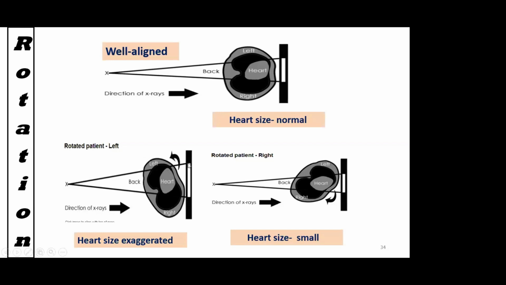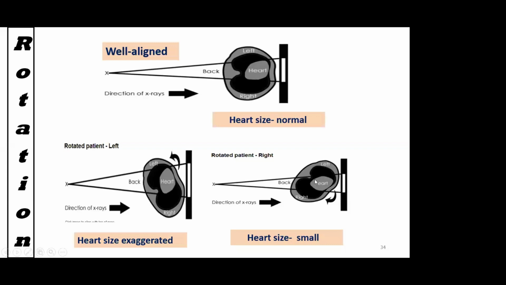So here you will start diagnosing cardiomegaly unnecessarily, and exactly the opposite can happen. Here you will see that the heart size may have shrunk, or the lungs may seem overexpanded to you, and simultaneously the right hemithorax might look more radiolucent, and you might start contemplating that this might be an overexpanded lung, or maybe the baby has developed a pneumothorax which has shifted the mediastinum, and the heart is shrunk because of that.